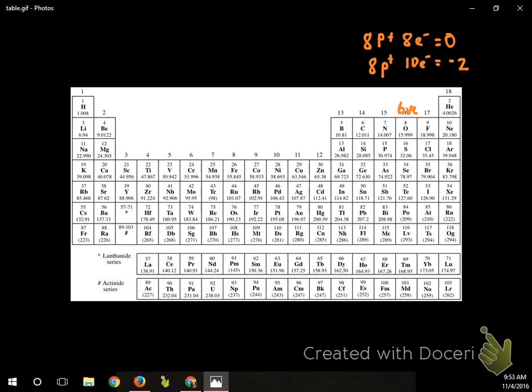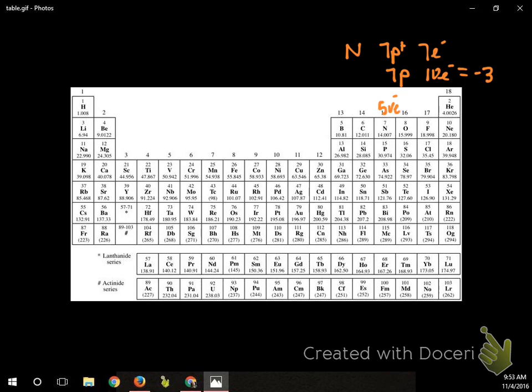All right, so for the last group, nitrogen's group 15. Nitrogen usually has 7 protons and 7 electrons. How many does it want to take in? It has 5 valence electrons, so if it wants to take in 3 extra, that leaves it with a charge of -3. Which is why all these guys have -3 charges, for the most part, until we get to under that stair step.